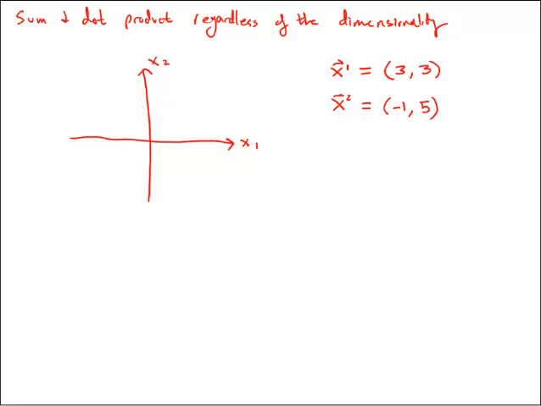Okay, let's draw those out. x1 will go over 1, 2, 3, up 1, 2, 3. That's x1. So let's draw an arrow now to make this clear. And what's x2? We go over 1, up 5. That's x2. Whoops. Let's stay consistent and leave the 1 up there.